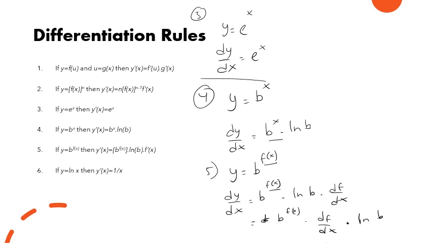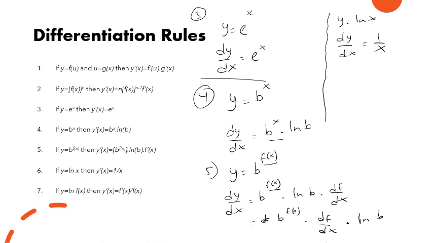Next, the sixth. If there is a function of ln x, y is ln x, then the first derivative of y is 1 over x. Okay.